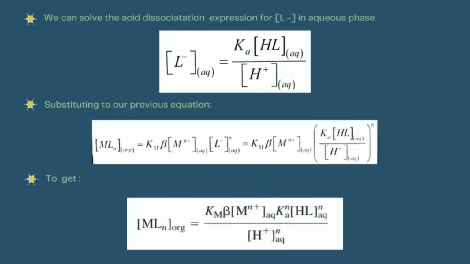We can solve the acid dissociation expression for the concentration of the deprotonated ligand in the aqueous phase, and then substitute that in the equation here. So we plug that expression in and rearrange to get this one.